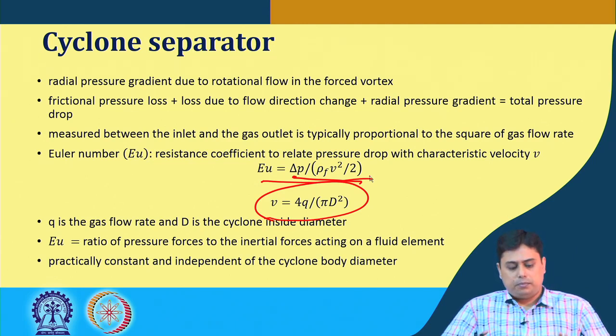Now, for a family of cyclone separators, or similar cyclone separators, this value is practically constant and it is independent of the cyclone body diameter.